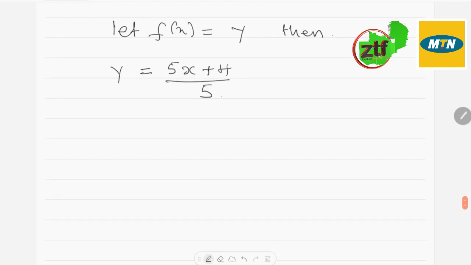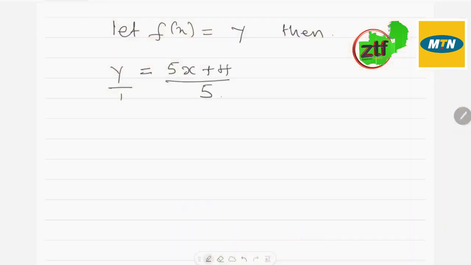So when you do that, the next thing you do is make x the subject of the formula. So making x the subject of the formula, y can be written as y over 1. Then I will cross multiply. So when I cross multiply, I will get 5y equals 1 multiplied by 5x plus 4.